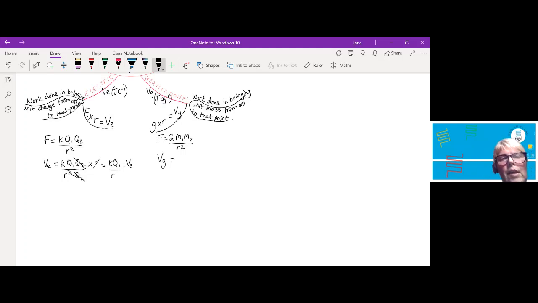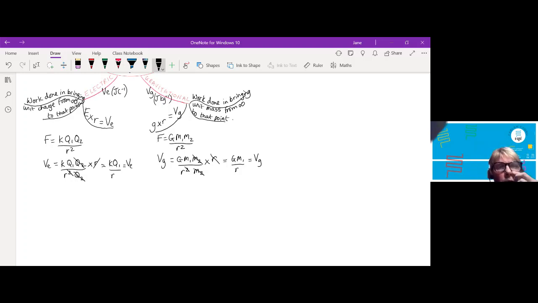So we want the gravitational field, the force per unit mass, so G m1 m2 over R squared m2, and then times it by R. The R's cancel, the m2's cancel, so you're left with G m1 over R equals the gravitational potential.